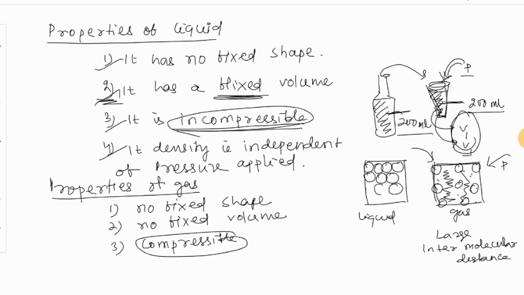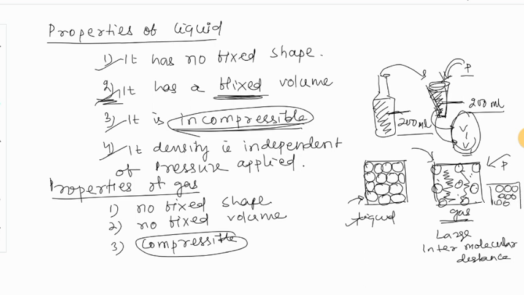So even if pressure is applied, these molecules cannot come closer than this degree of closeness. That's why the intermolecular distance is not changed in liquid in an appreciable amount, while it is very vast in case of gas. So when pressure is applied, they are compressed, they come closer.